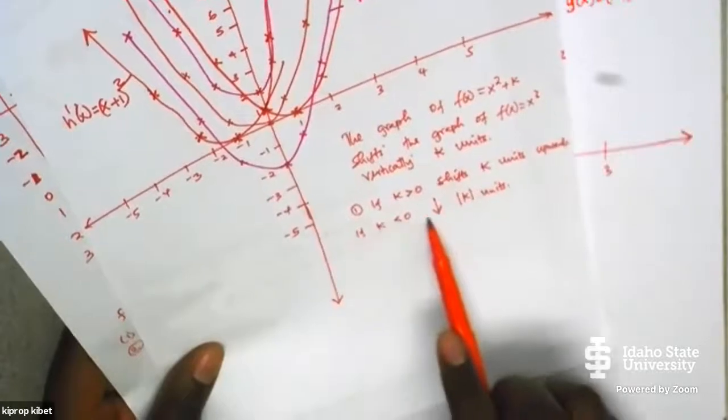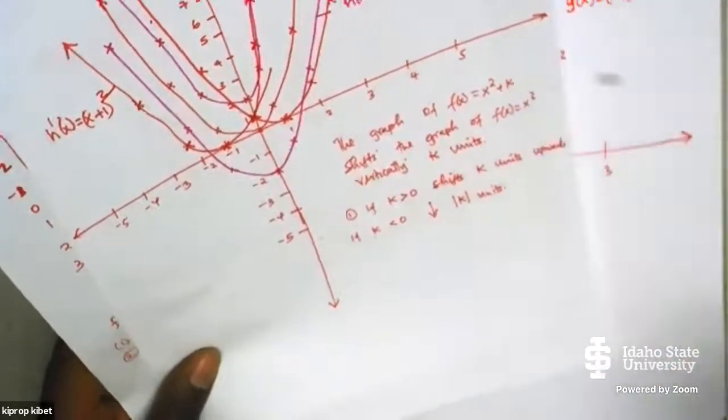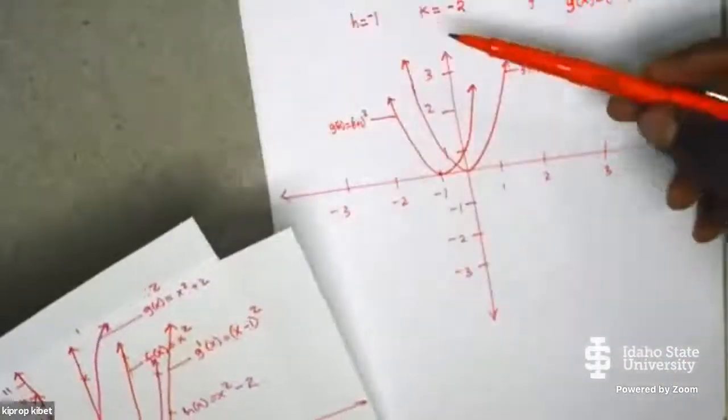If it is less than 0, then it goes downwards. So in our case here, our k is negative 2.